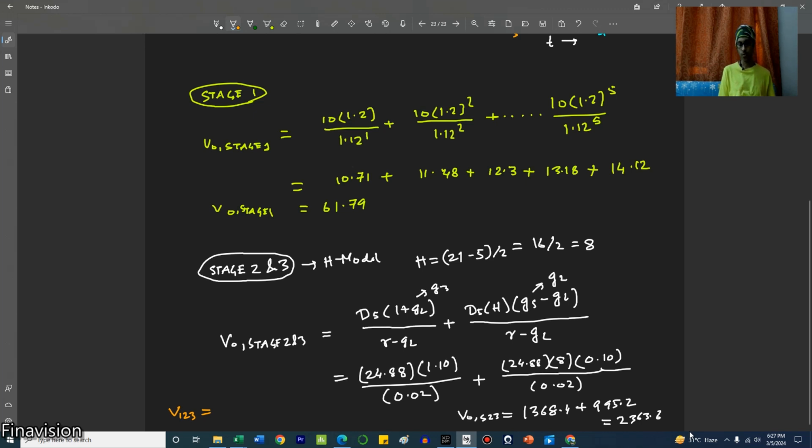This is equal to 2425.4, 2425.39 approximately. This is our answer. So this is a 3-stage model, with the middle stage being a declining stage, smoothly declining stage. So this is how you calculate this.